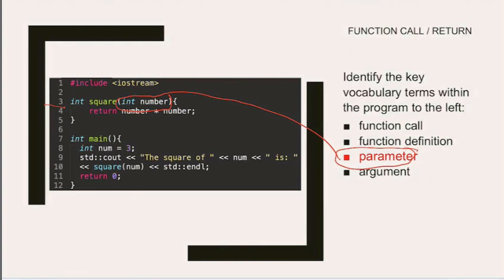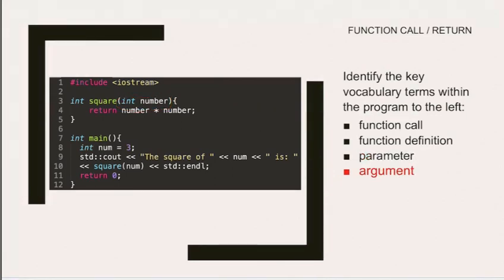What about the argument? Can you find the argument? Did you find it? In this example, the argument is right here. Let me clear this out so you can see it again. The argument in this example is num.